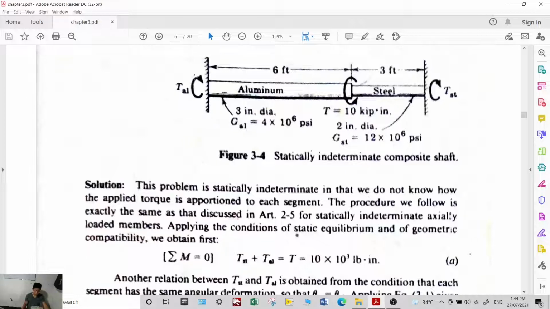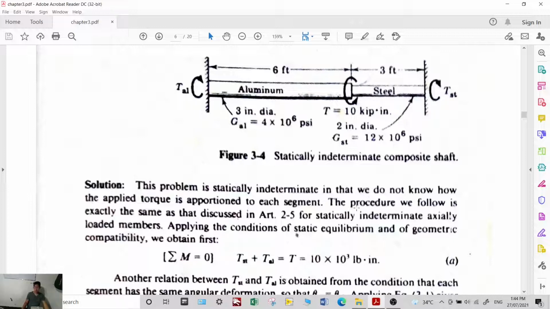You have T aluminum plus the torque of the steel, minus the applied torque.